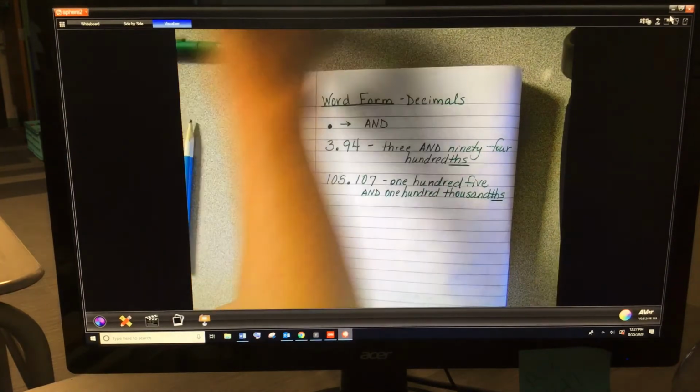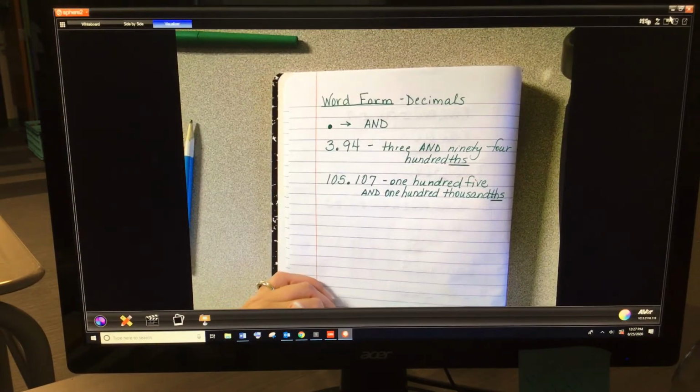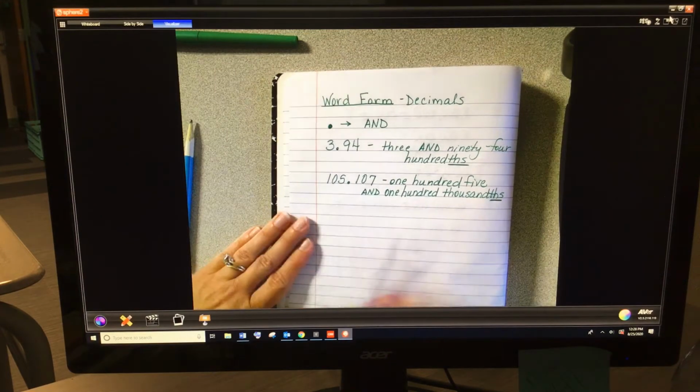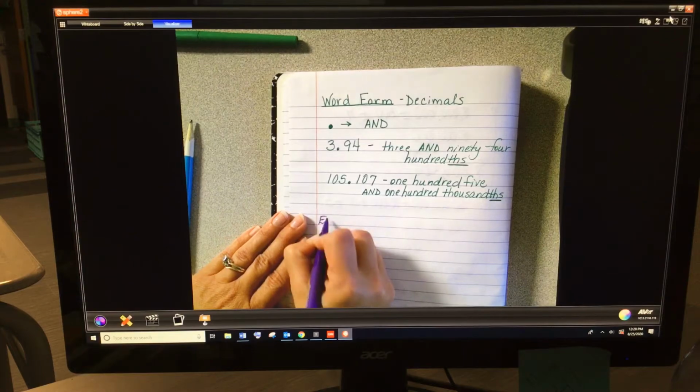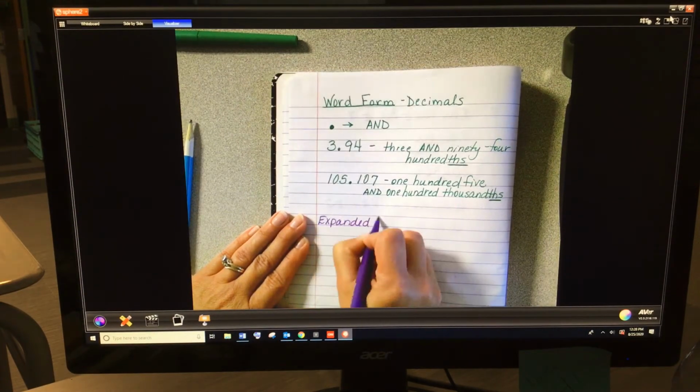Let's talk about expanded form. We're going to talk about expanded notation and expanded form. Now, expanded form is what you did in 4th grade. Now we're going to add a little bit to that in 5th grade with expanded notation. All right, so I'm going to write expanded form.